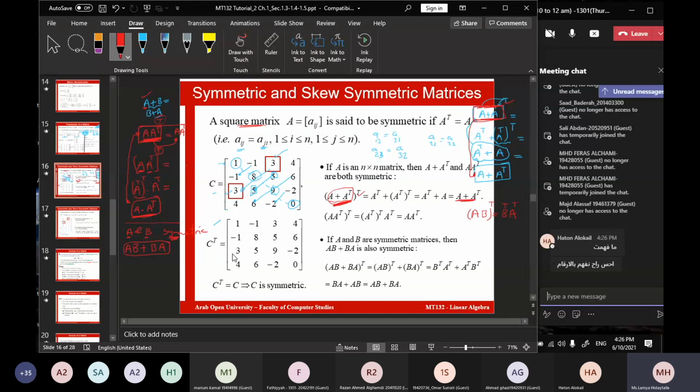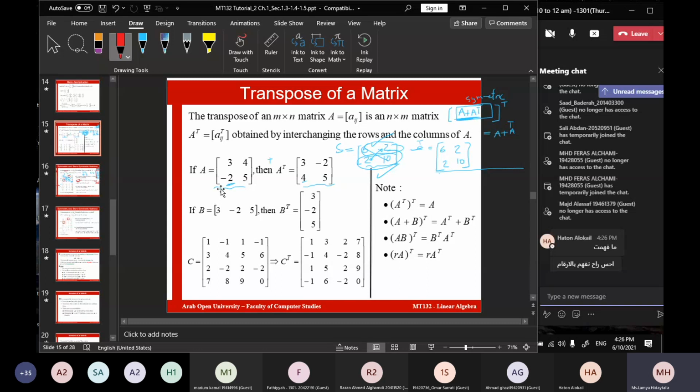But you have to know how to prove. Of course, with numbers it is very easy, but you have to understand how to prove. For example, this is A. The values must make it symmetric, I'm sorry. The matrix must be symmetric. One of the symmetric matrices, for example, is this one: 6, 2, and 2, 10. So this is the first one.